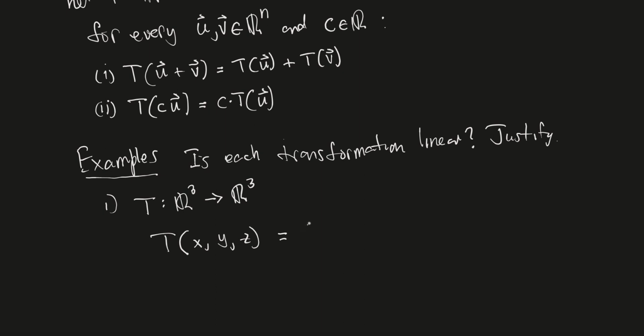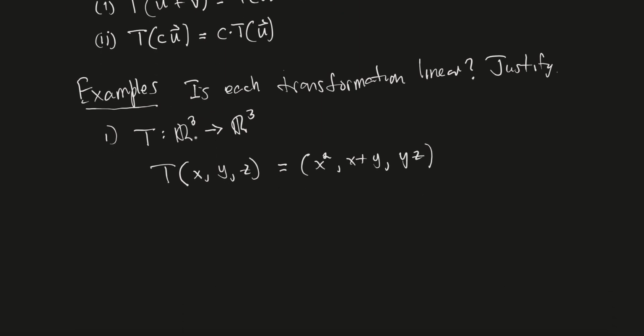Well, let's say it produces the vector x squared, and then x plus y, and then y times z, right? So that's what my transformation does. It squares the x component, and keeps it in the x component. It adds the x and y components, and that's now my y component, and then it multiplies the y and z component, and it makes that my z component, right?